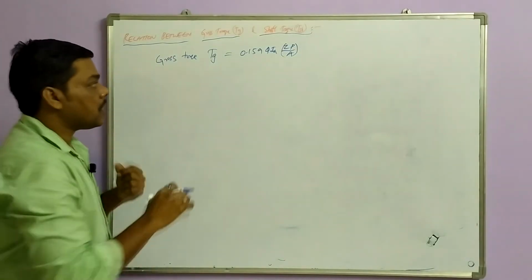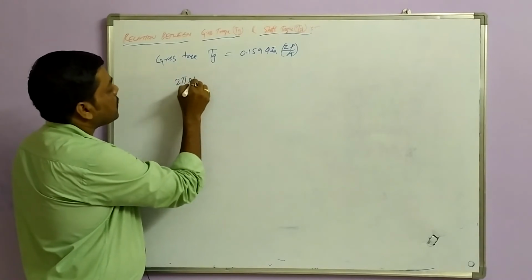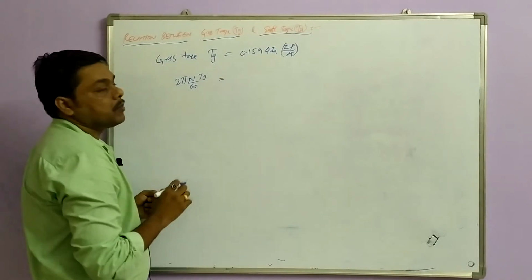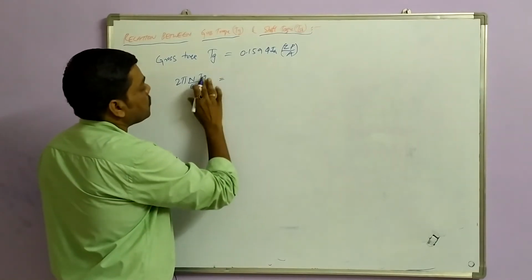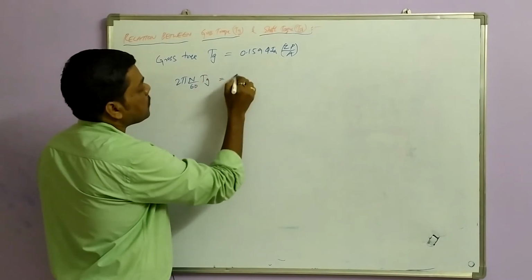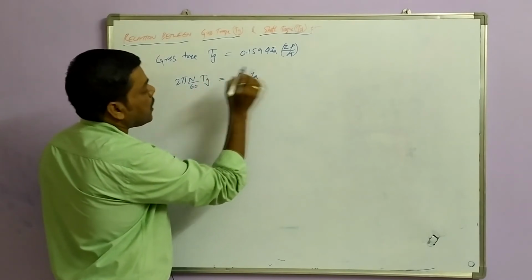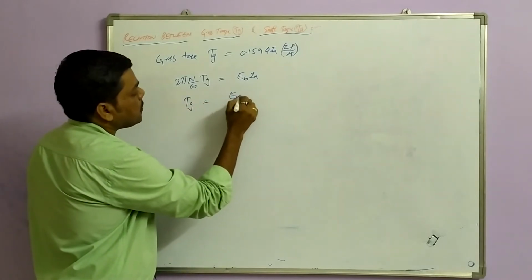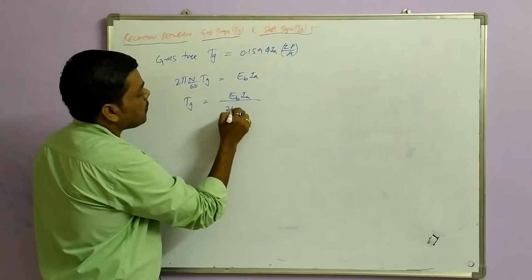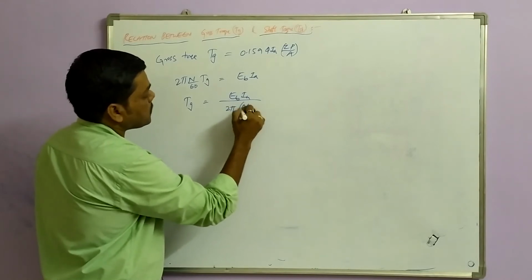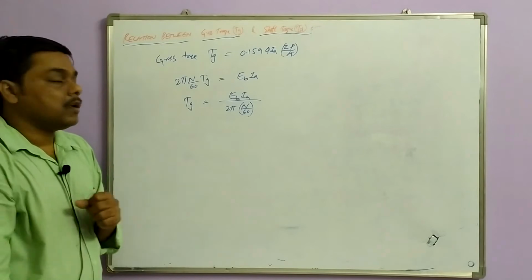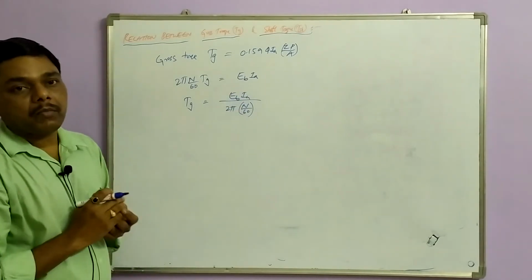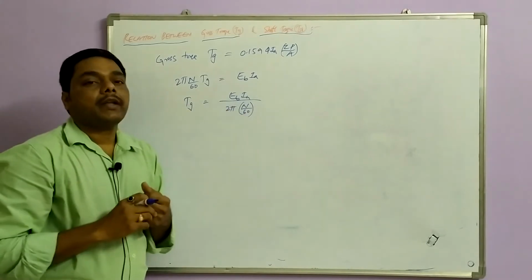Now before this we also derived 2 pi N by 60 Tg is equal to Eb into Ia. Now what is Tg? Tg is equal to Eb into Ia divided by 2 pi N by 60. Okay. Now what is EbIa? EbIa is the armature power developed, equivalent to mechanical power.